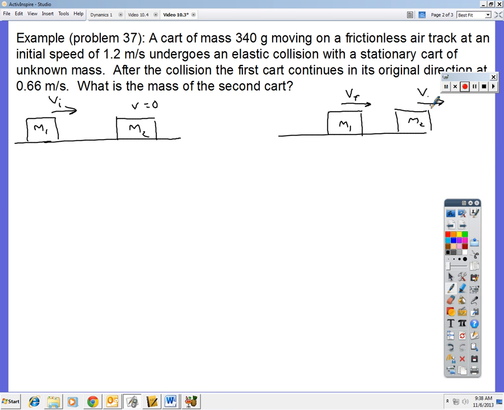And so now we will write down 2 equations, one for conservation of momentum. What that says is that the initial momentum, m1 vi, since m2 isn't moving so it has no momentum, equals the final momentum, m1 vf plus m2 v. At this point I'm going to plug in numbers for m1, vi, and vf, and we'll find out that m2 v is equal to 0.1836 kilogram meters per second.